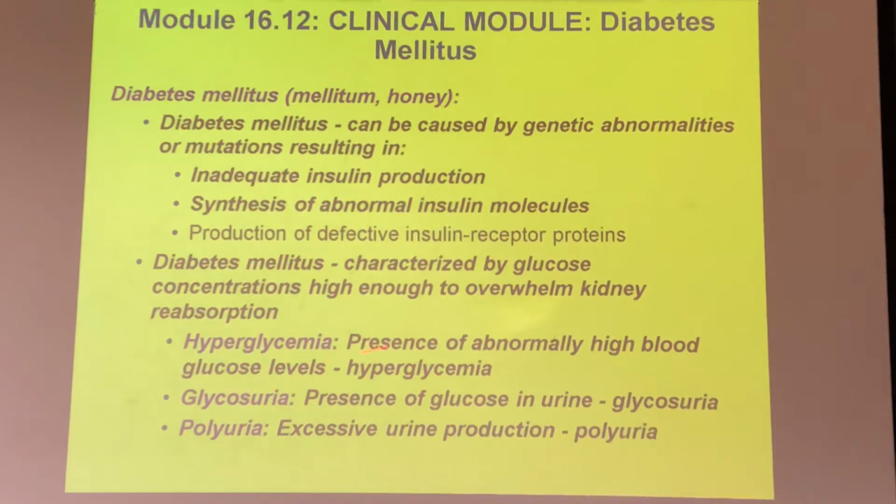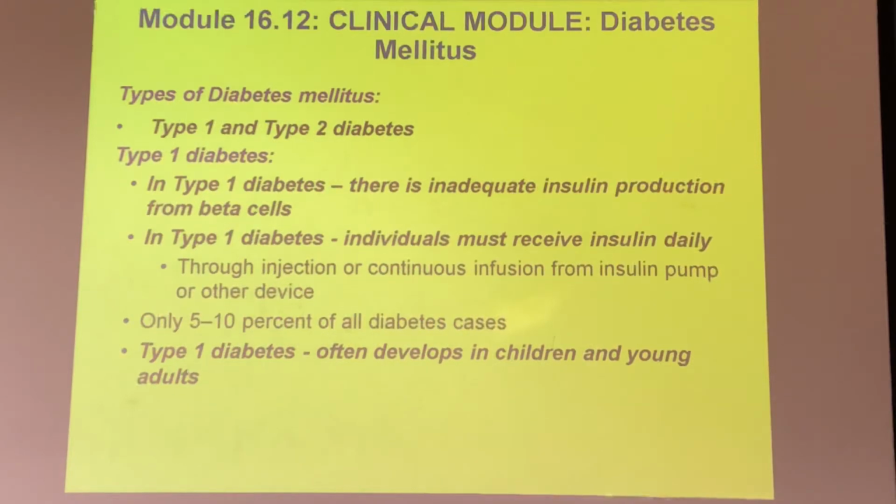Diabetes mellitus is basically characterized by glucose concentration high enough to overwhelm kidney absorption. So you can have hyperglycemia, meaning the presence of abnormally high blood glucose, or glycosuria, meaning the presence of glucose in the urine, or polyuria, meaning excessive urine production.